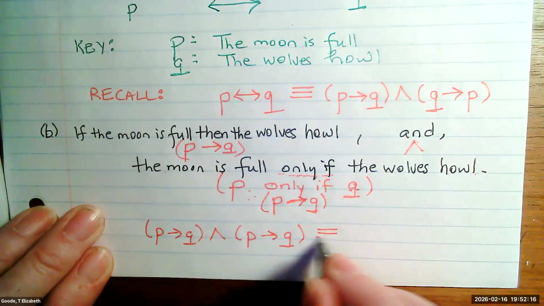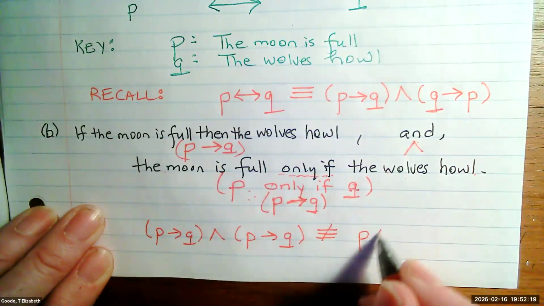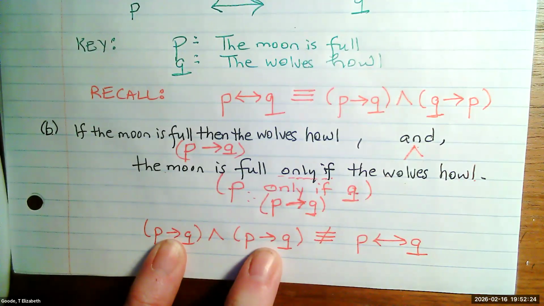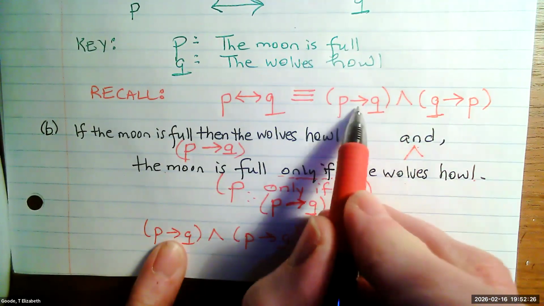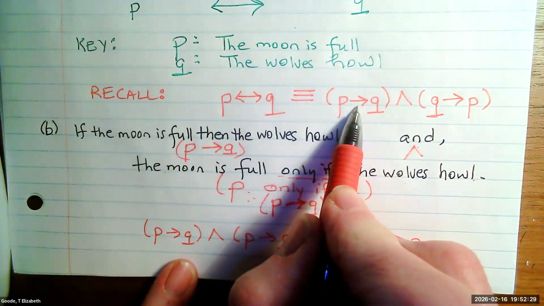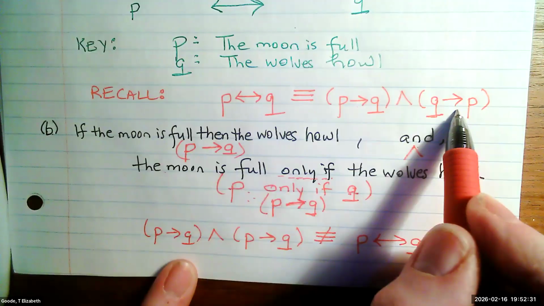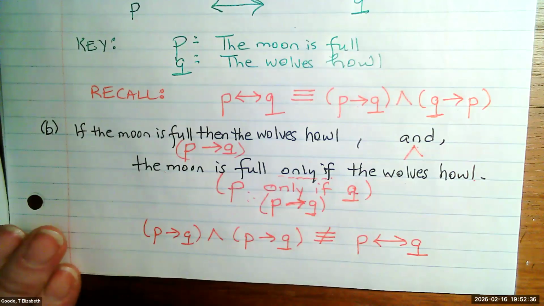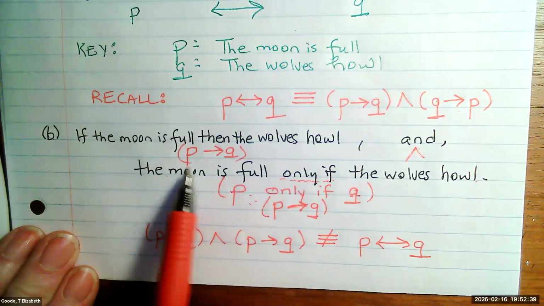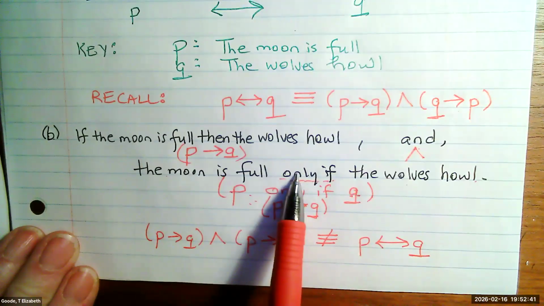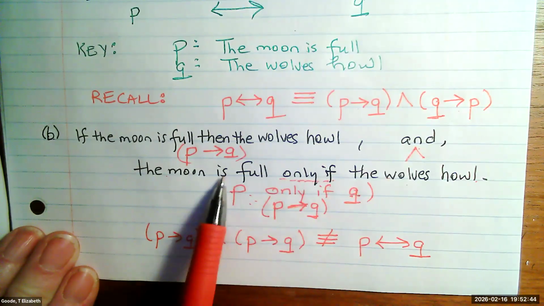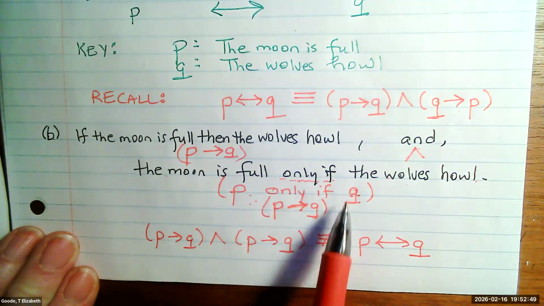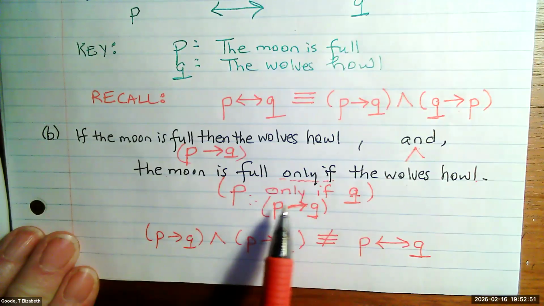That is not the same statement as P if and only if Q, because two copies of if P then Q are not the same as one copy of if P then Q and a copy of if Q then P. So B is not logically equivalent to the biconditional, but we parsed it out very carefully. We wrote only if between the P and the Q here, P only if Q, and then we checked our reference materials.